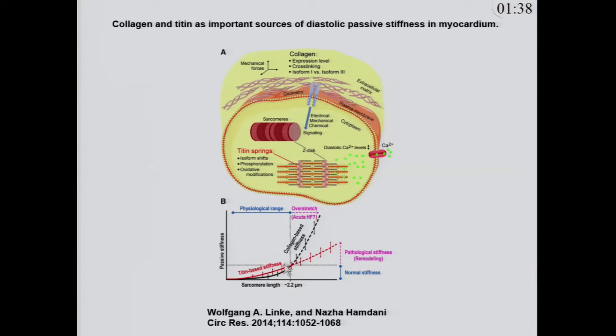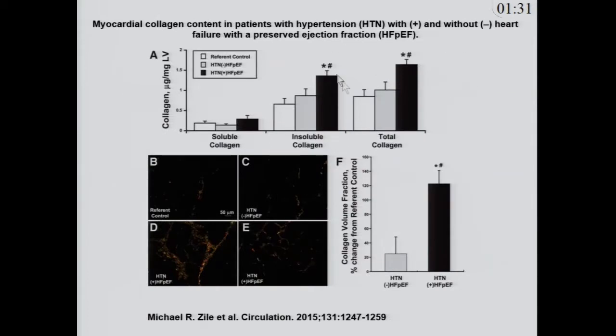So both of these things are controlling the stiffness of the heart. If you look at the myocardial collagen in patients with hypertension, with or without heart failure, you can see that total collagen is up a little bit, but up a lot in patients with HFpEF. So the collagen is increased, making the heart more difficult to relax, but also more difficult to contract.